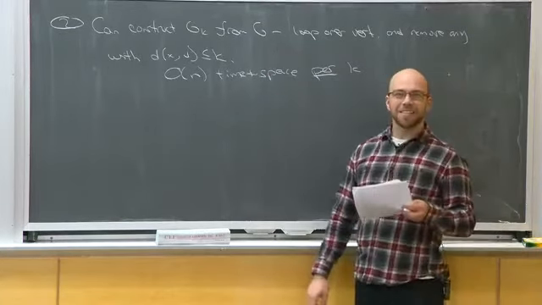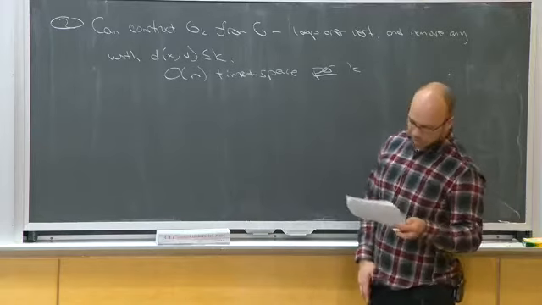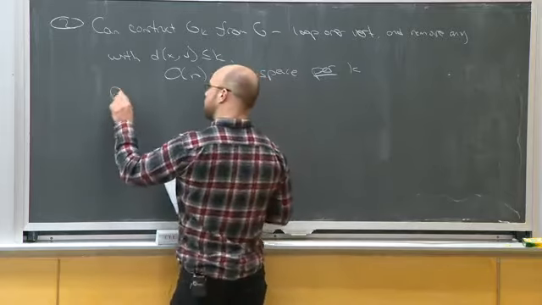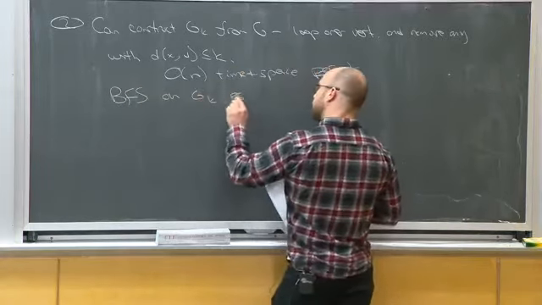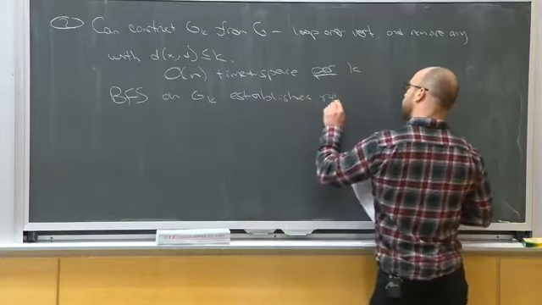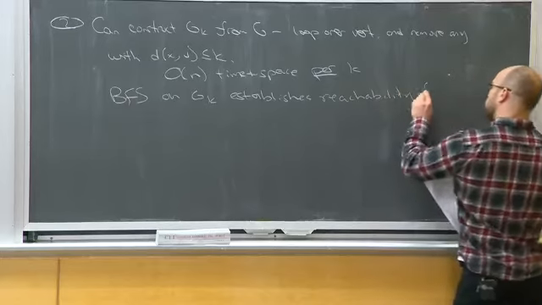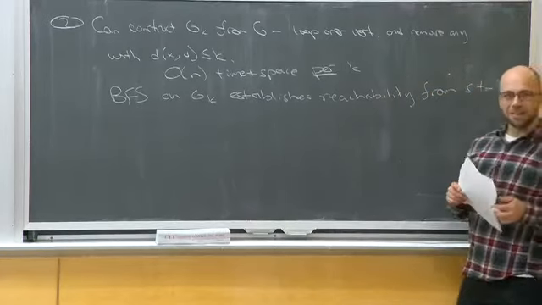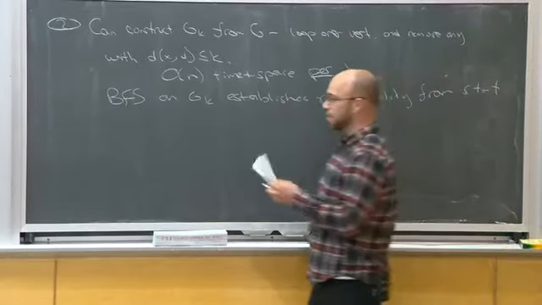But this is already getting us pretty close to our problem, because what can we do? If I have GK, I can say that BFS on GK establishes reachability from S to T, which is what we care about, outside of radius k.